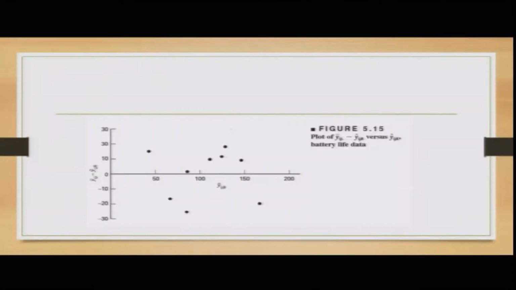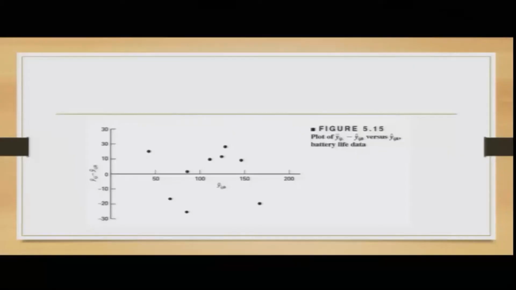If I plot these values of y bar ij dot minus y hat ijk, taking any cell ij and summing over all the n values minus the estimated values, then if you see this is positive, this is positive, positive, positive, and this is negative.